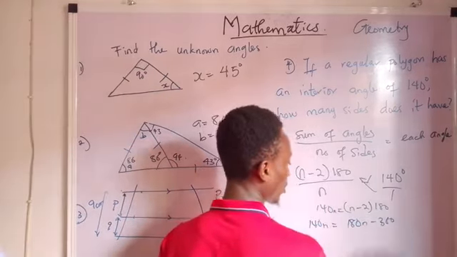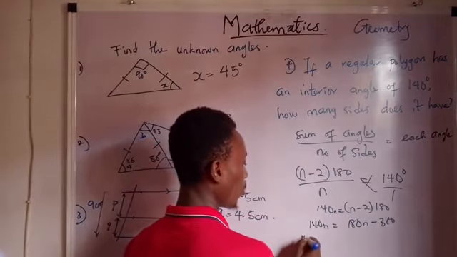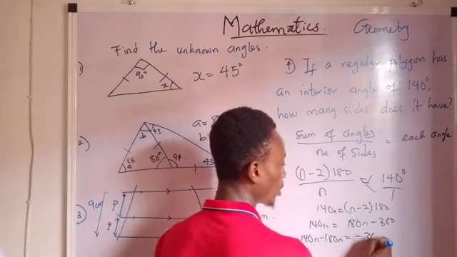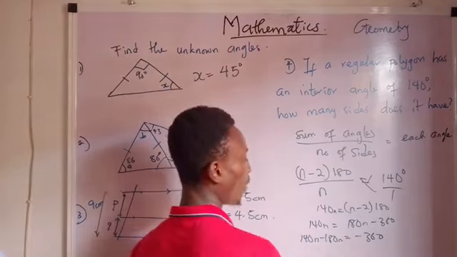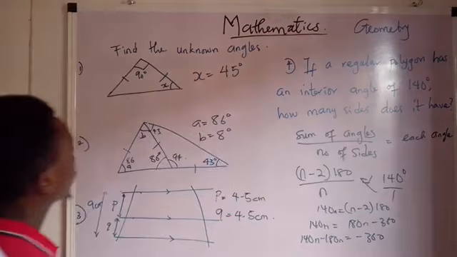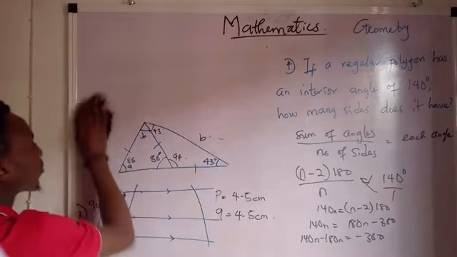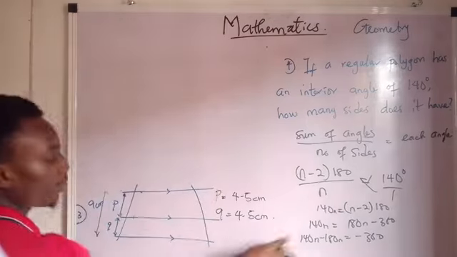Collect like terms. 140n minus 180n equals to minus 360. So 140 minus 180 would give us what? 140 minus 180 would actually give us what?